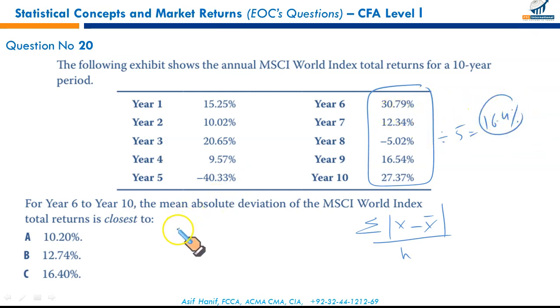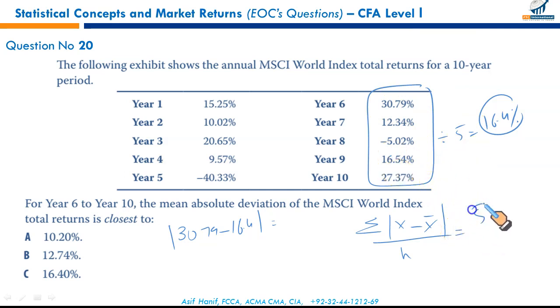What you will do: 30.79 minus 16.4, must be a positive number. Then 12.34 less 16.4, positive number. Negative 5.04, negative 16.4, whatever the result comes, you need to take the positive one. So you will calculate the positive differences between these all.